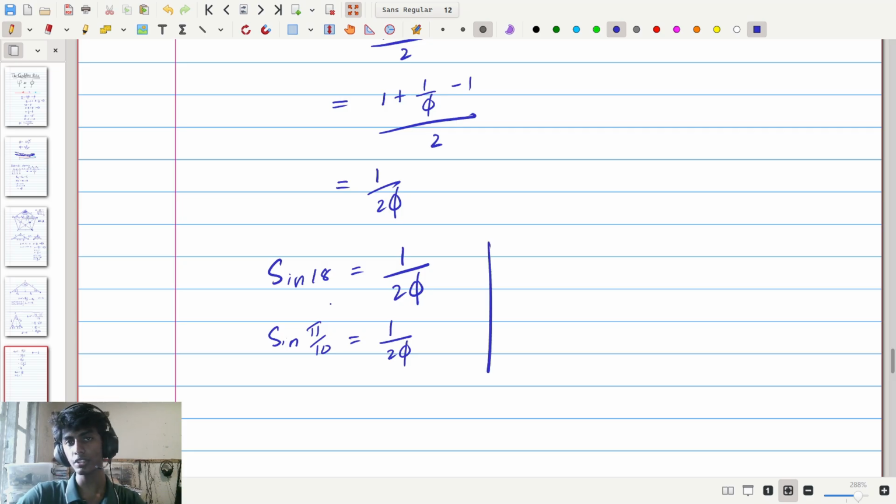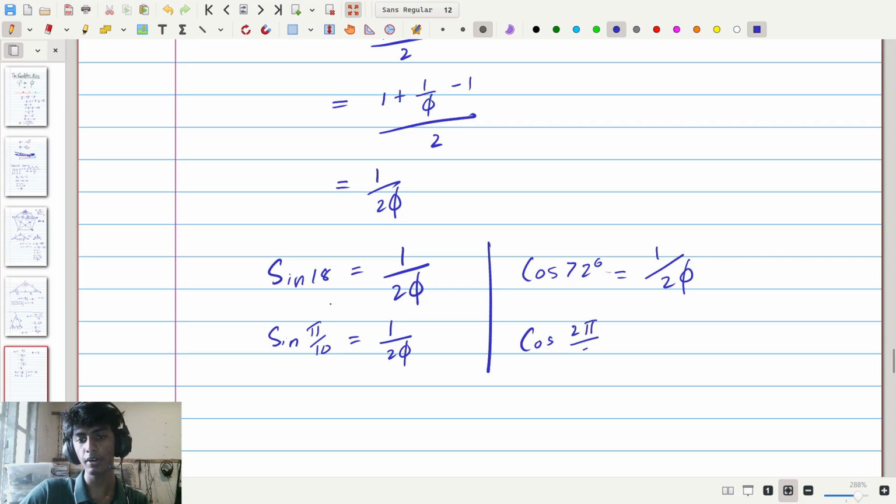Due to the symmetry of sine and cosine, the cosine of 72 degrees is equal to the same exact thing. Or if you write this in radians, the cosine of 4 pi over 10, or 2 pi divided by 5 radians, is equal to 1 divided by 2 times the golden ratio.